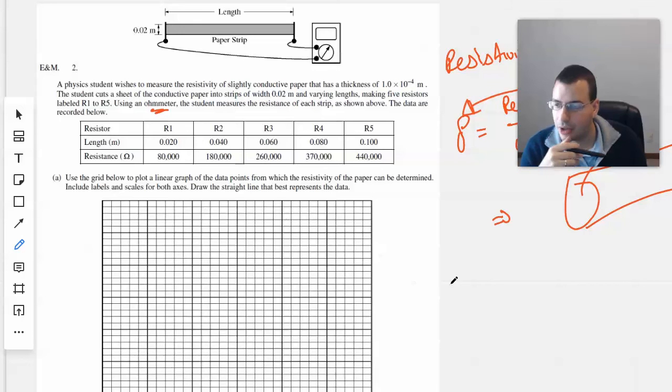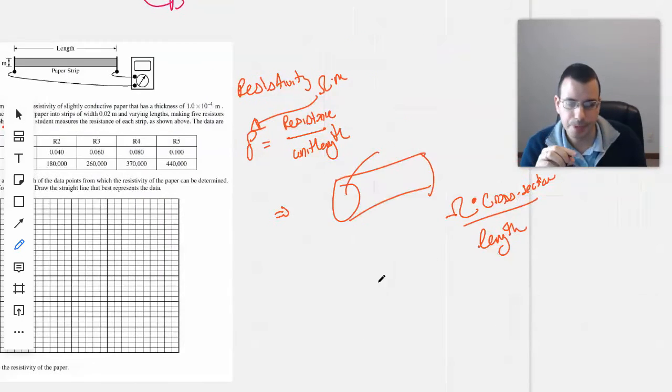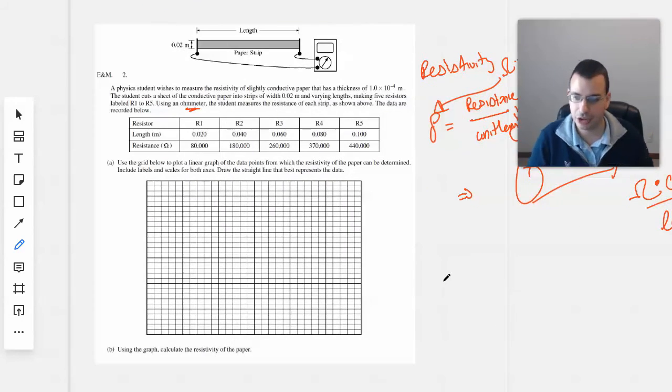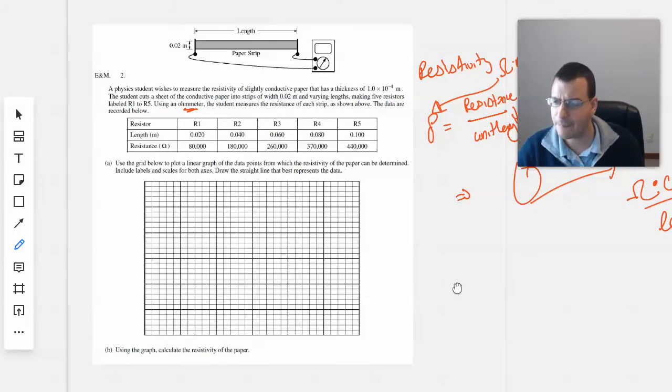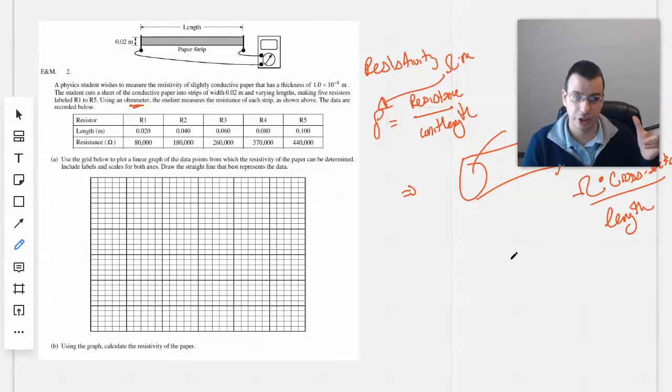Using the grid below, plot a linear graph of the data points for which resistivity of the paper can be determined. Include all labels. Okay, so we're going to try and use the slope to find the resistivity. Yep, linear graph, which basically means you should be thinking slope.